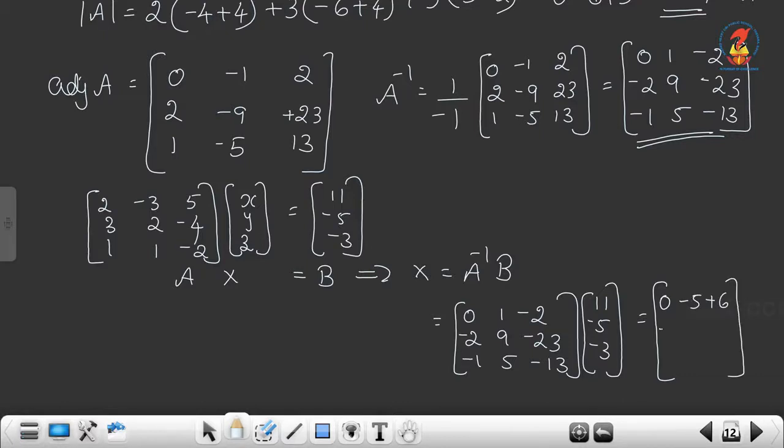Minus 2 into 11 is -22, -45 plus 69. Then -11, -25 plus 39.